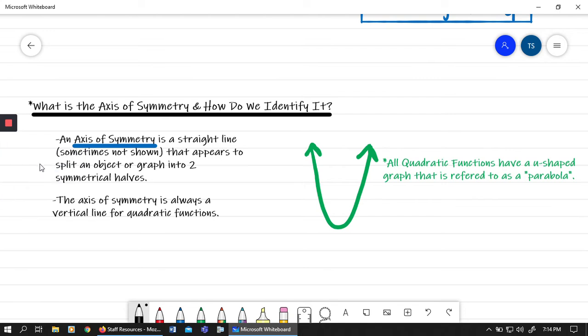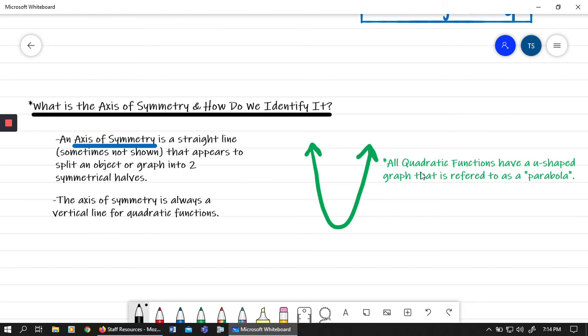For those who may not know, an axis of symmetry is a straight line, and more often than not that line is not shown on certain graphs. But it's a straight line that appears to split an object or a graph into two symmetrical halves.